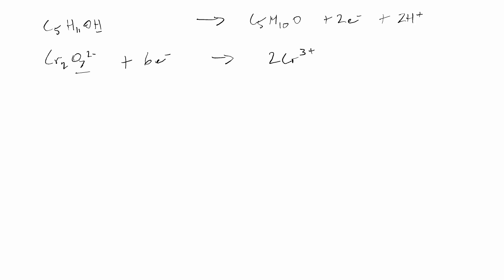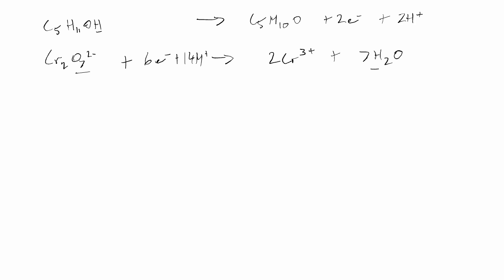We don't have any on the right, so again, we've got to add water if we need to add oxygen. So we need to add 7 H2O, and then we're just going to make sure that our hydrogen is balanced. So we've got 14 hydrogen on the right, 7 times 2, so we need 14 H+ on our left here, and that should all be balanced out.